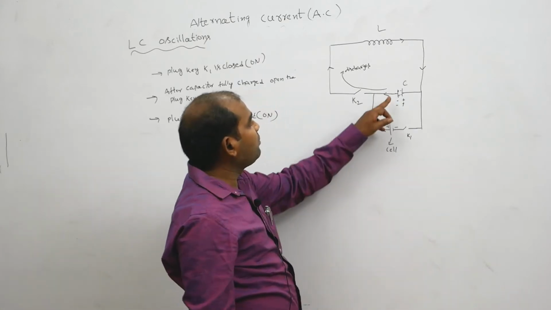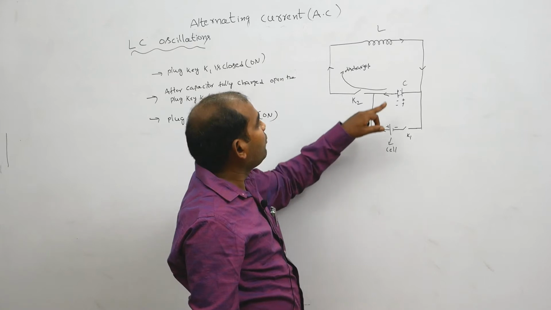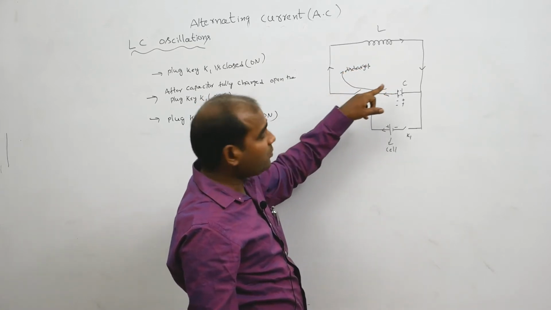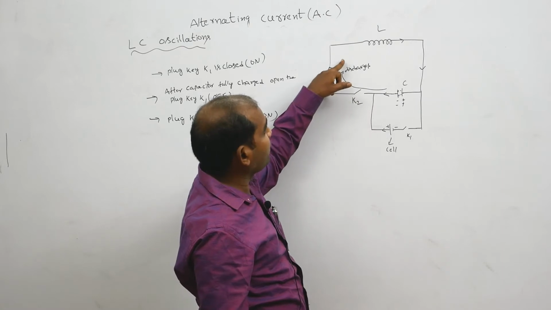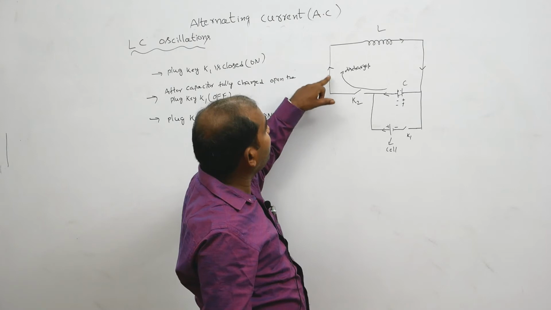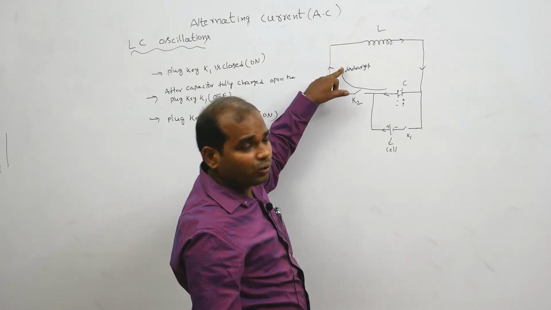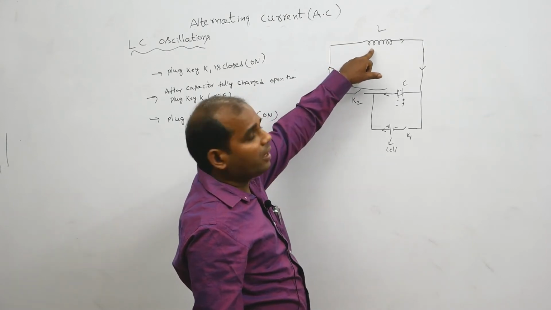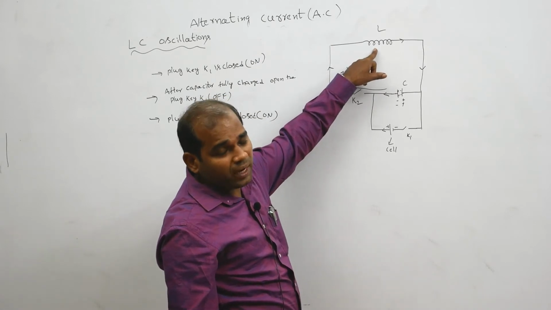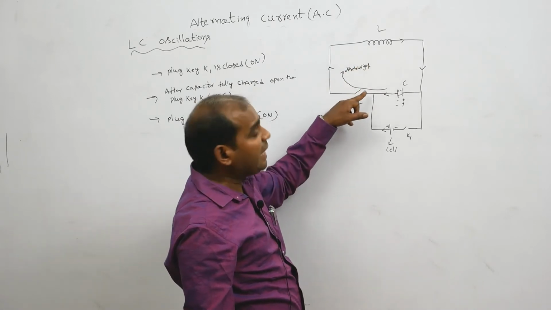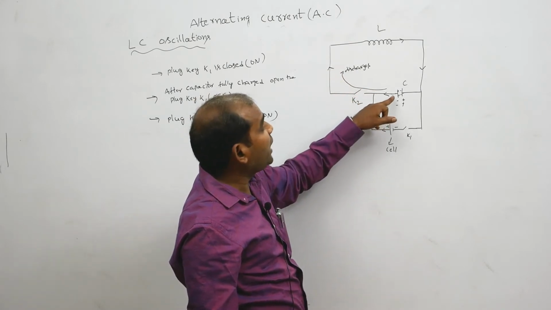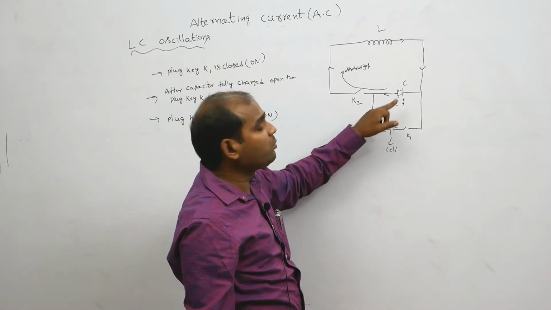Earlier, this was the positive plate and this the negative plate. While the capacitor is completely discharged, the current is flowing in the same direction. The moment the current flowing in the circuit falls to zero, a back EMF is produced in this inductor. This back EMF tries to maintain the current in the same direction in such a way as to charge this capacitor with opposite polarity.